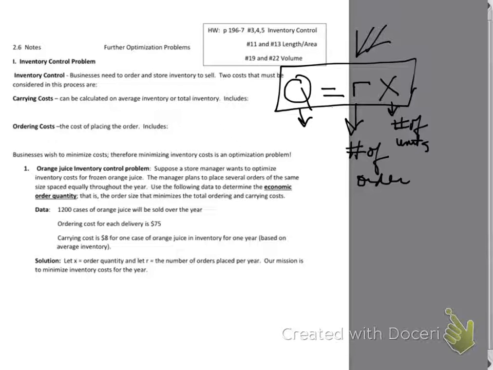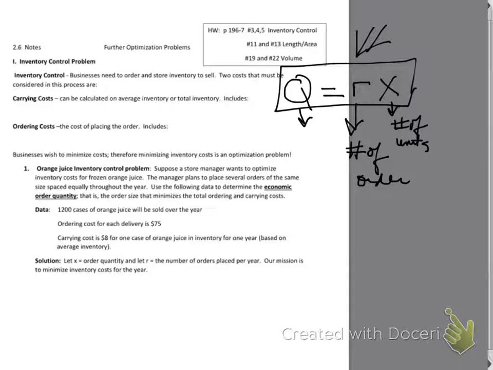So other things you have to know is that an inventory control problem is a cost minimization problem. So what you're going to do is you're going to minimize the costs associated with maintaining an inventory. And there are two such costs. One of the costs is the carrying cost.